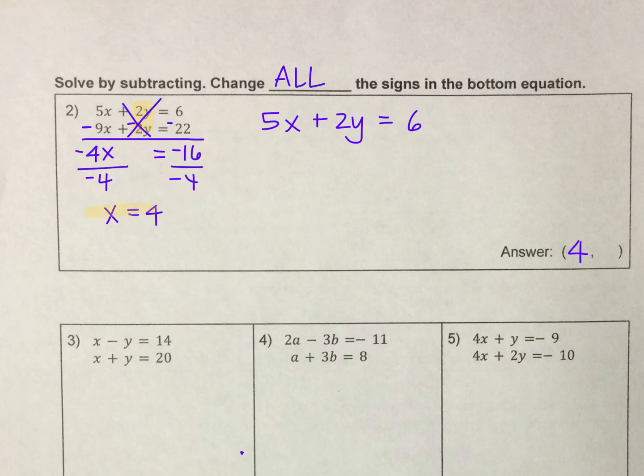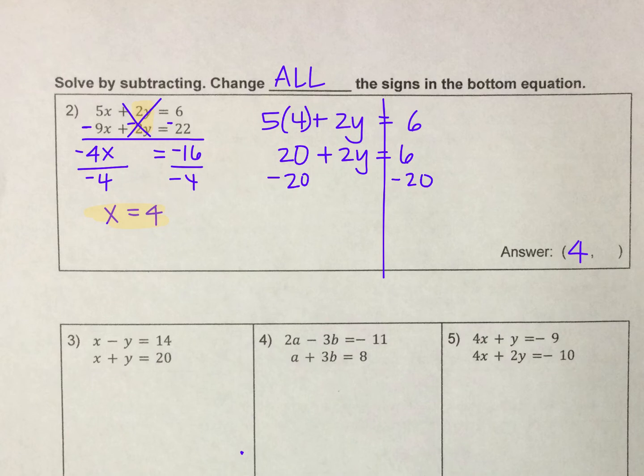And this happens to be an x. So I'm going to erase my x, and in its place, I'm going to put a 4 in parentheses. So now 20 plus 2y equals 6. Subtract 20. 2y equals negative 14. Divide by 2. Y equals negative 7. Okay?